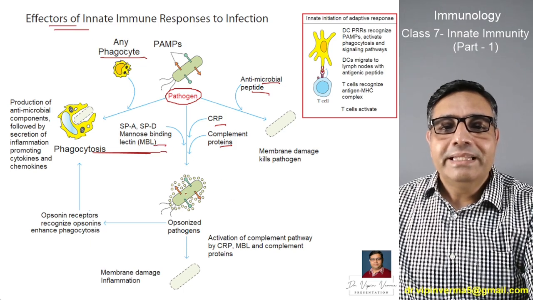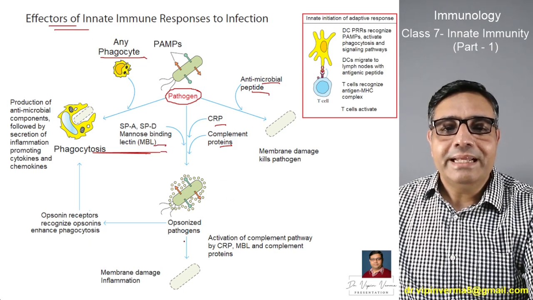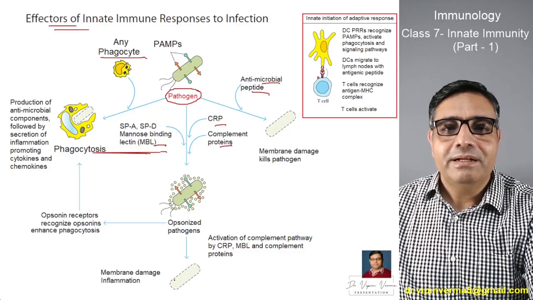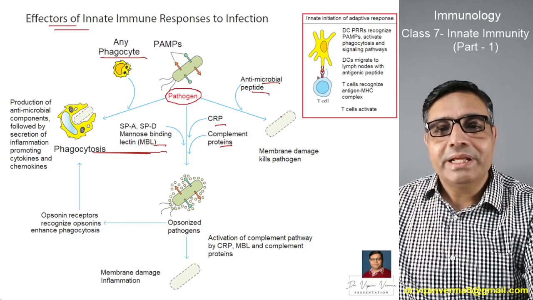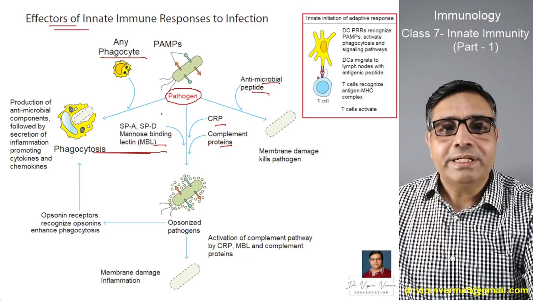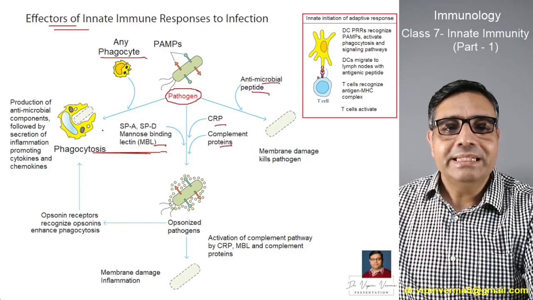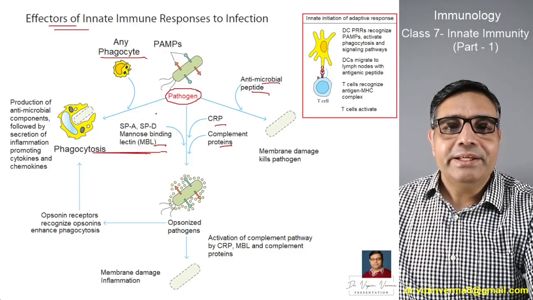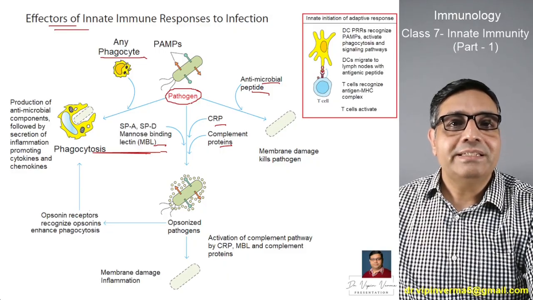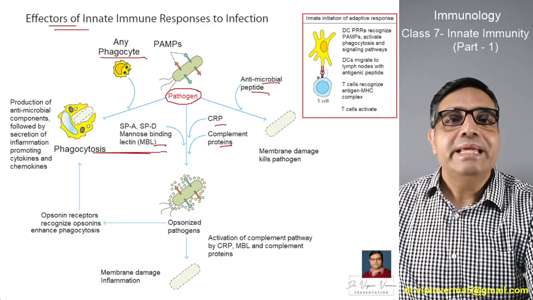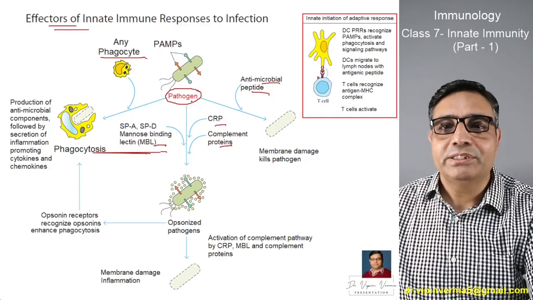And then they opsonize and help kill the bacteria. The antimicrobial peptides are also killing the bacteria, and through phagocytosis also the bacteria are killed. So basically we have these effector molecules and effectors which play an important role in the innate immune responses to infection.